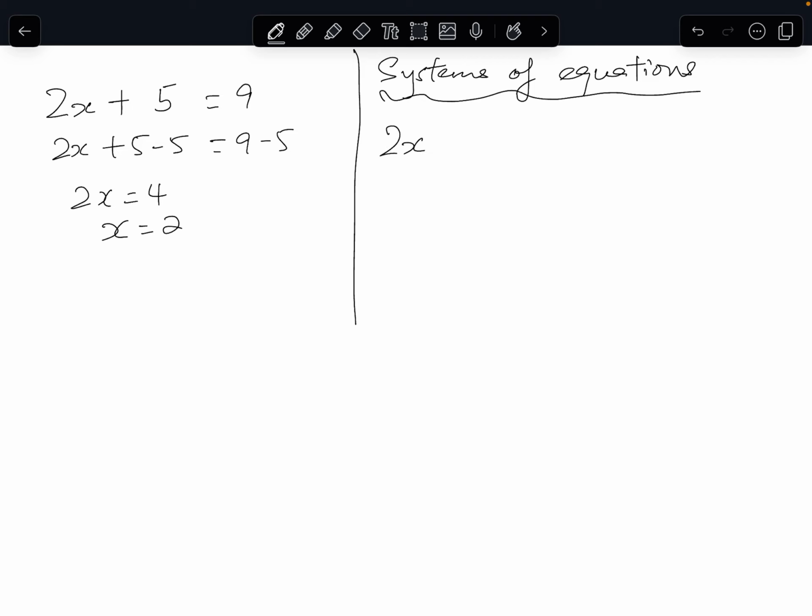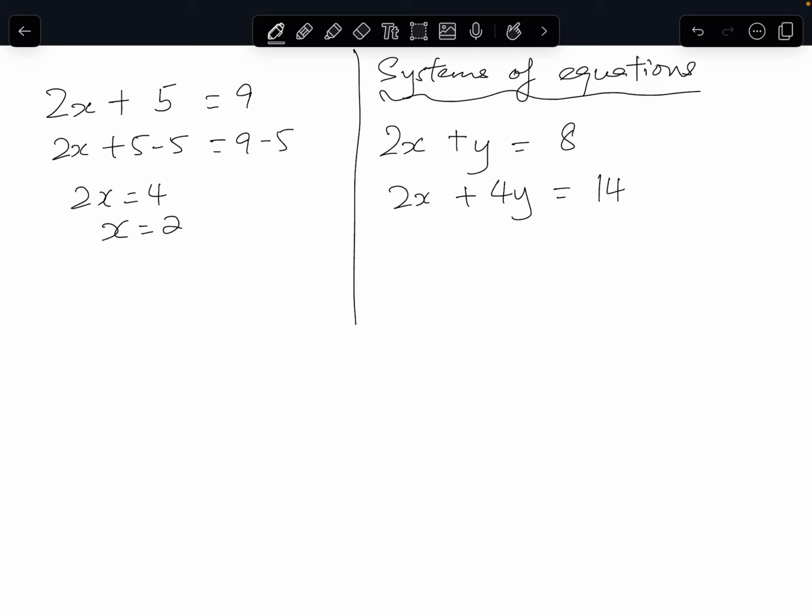If I have an equation that looks like 2x plus y equals 8, I could have something which looks like this: 2x plus 4y equals, I'm just thinking of a nice little number here, so maybe 14.